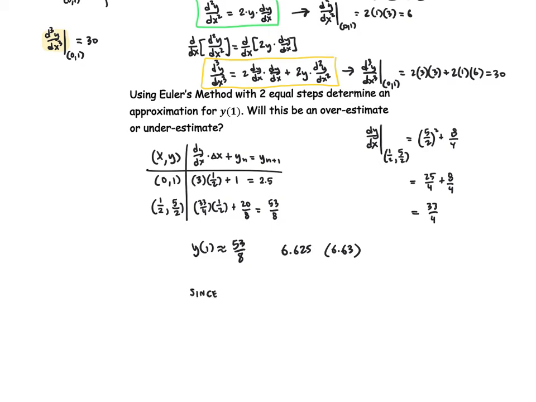Since the second derivative at the point 0, 1 is greater than 0, aka it is 6, then y of 1, which we had was 53/8, when the function is concave up, your estimate will be an underestimate. Hey, there you have it.